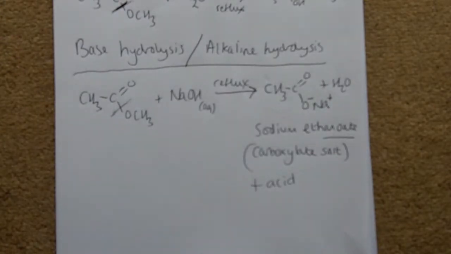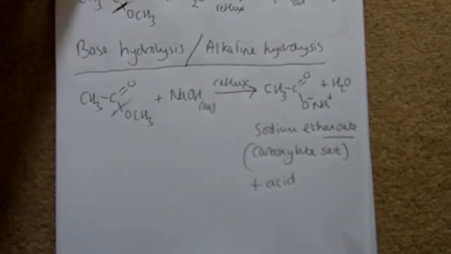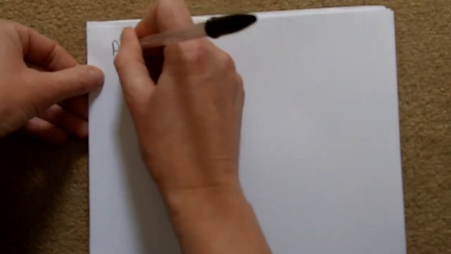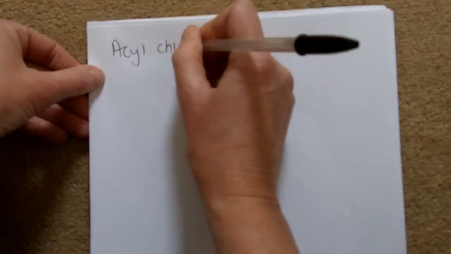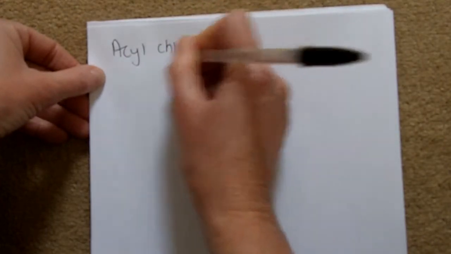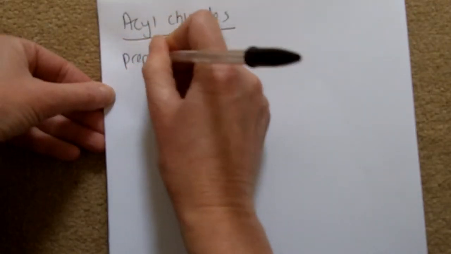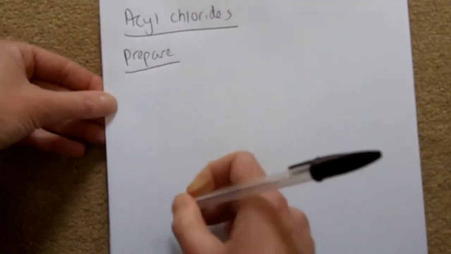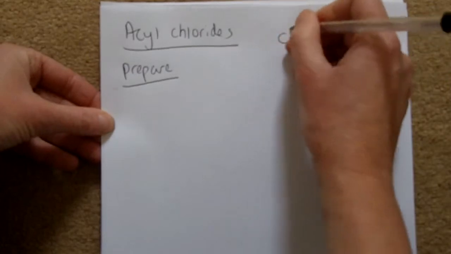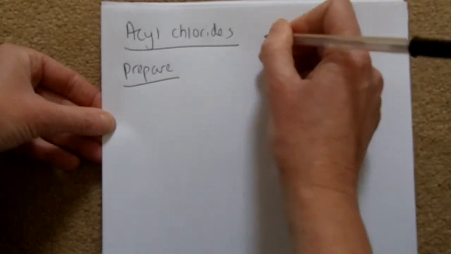Final bit is just to mention acyl chlorides, because they come into this section as well, derivatives of carboxylic acids. How do you make an acyl chloride? Remember, an acyl chloride, sometimes called an acid chloride, is this functional group.